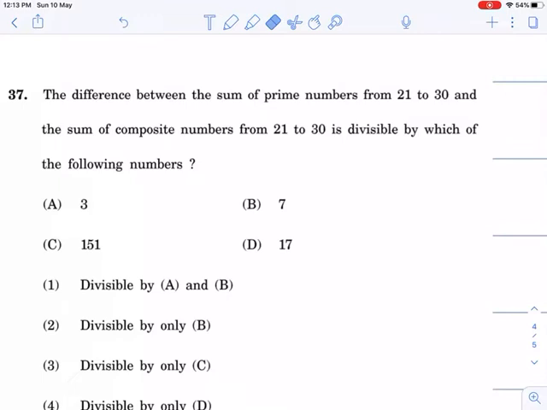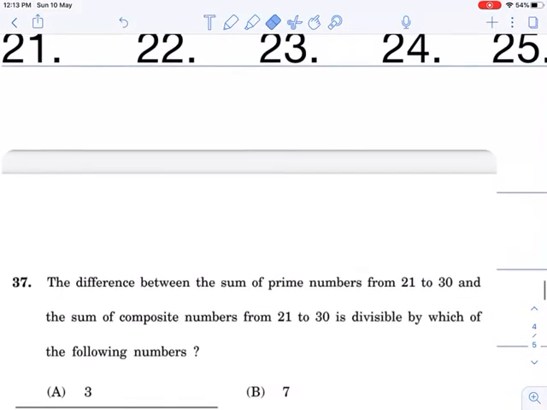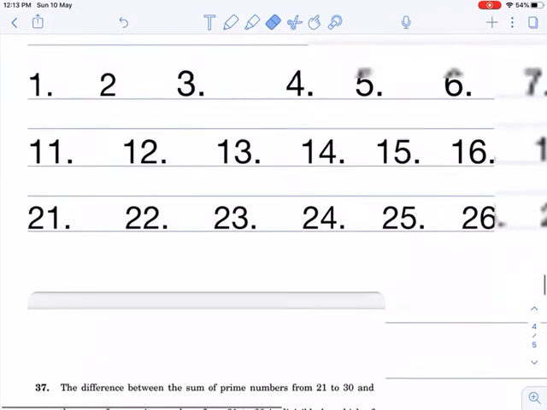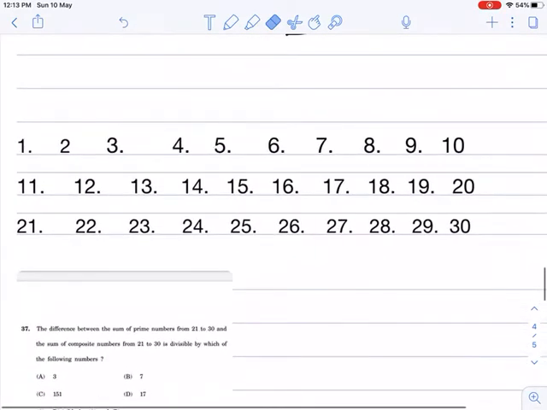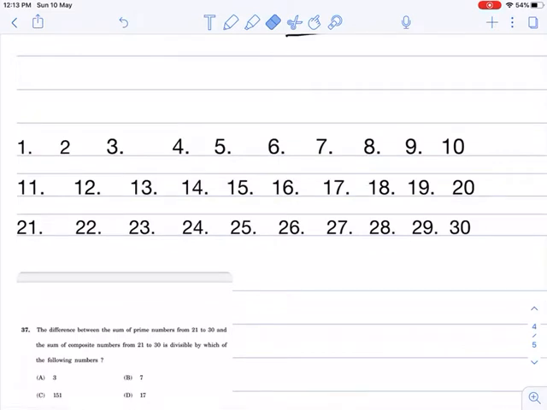First we will find what is the difference between a prime number and a composite number. Here I have written numbers from 1 to 30. Now we will see 1. Very important, 1 is neither prime nor composite number.